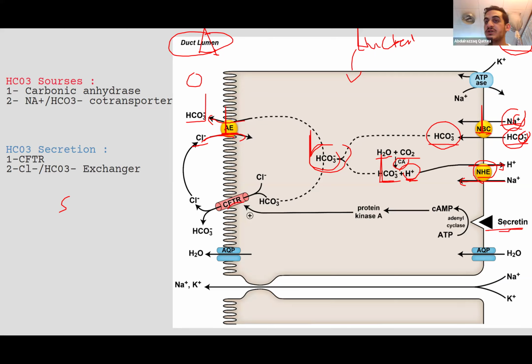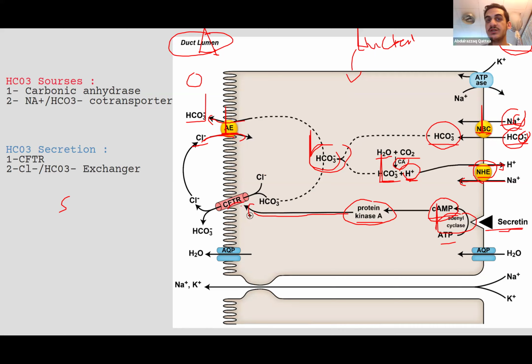After the secretin goes to the ductal cells, it will bind and it will activate the adenylyl cyclase. What does adenylyl cyclase do? It will convert ATP to cyclic AMP. Remember the cyclic AMP from the secretin, okay? So after cyclic AMP is activated, it will go and activate the protein kinase. What protein kinase does is it will go to the CFTR channel and activate it.